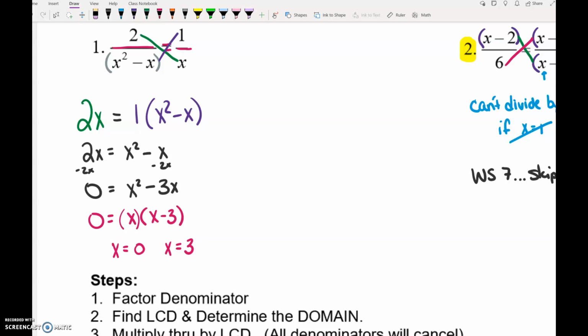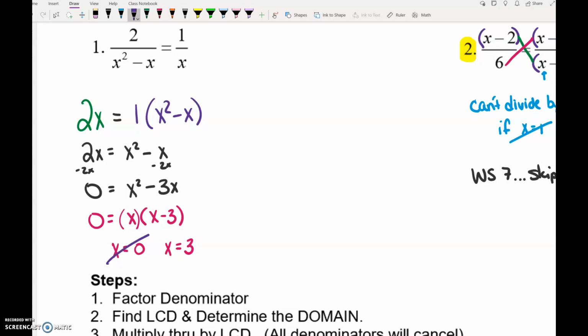Now we have to go back to the original problem because we need to make sure that the denominators are not going to be 0. So if I take x equals 0 and plug it in right here, we would have 1 divided by 0. That's no good, so that's an extraneous solution.